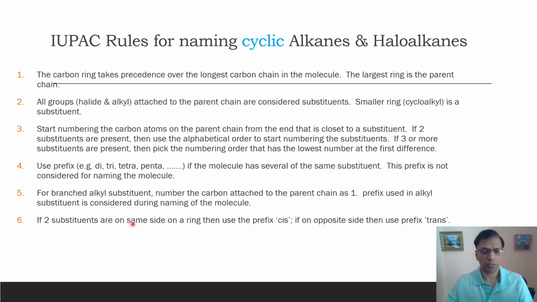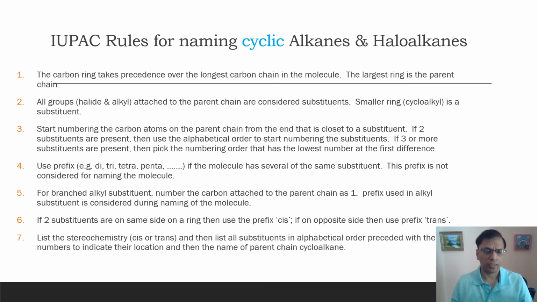If there are two substituents on the same side of the ring, then use the prefix cis. If the substituents are on the opposite side, use the prefix trans. So this is specific for rings. And then finally, when you are naming the molecule, you will always list the stereochemistry, whether this is a trans.